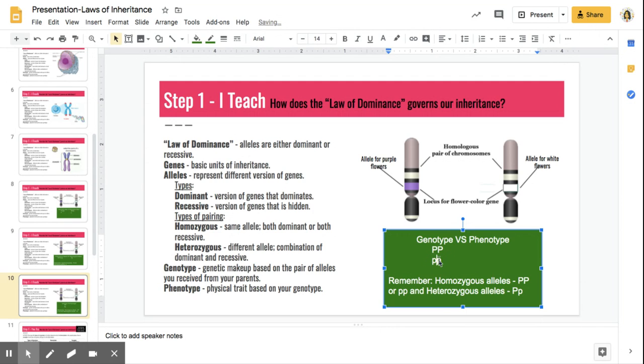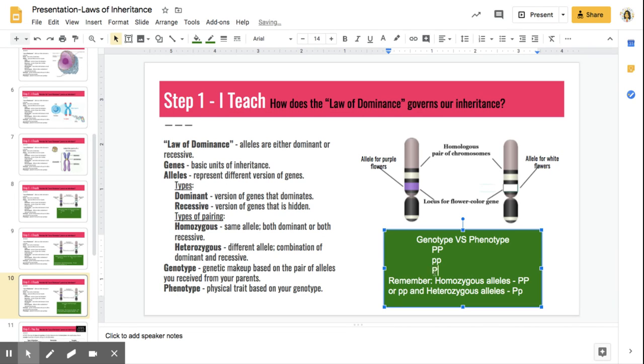Or, sorry, it could be heterozygous. So in heterozygous, you don't have to say it's dominant or recessive because it's a combination of dominant and recessive. So you just say heterozygous. Only in homozygous alleles, you say if it's dominant or recessive. It could either be homozygous dominant or homozygous recessive.